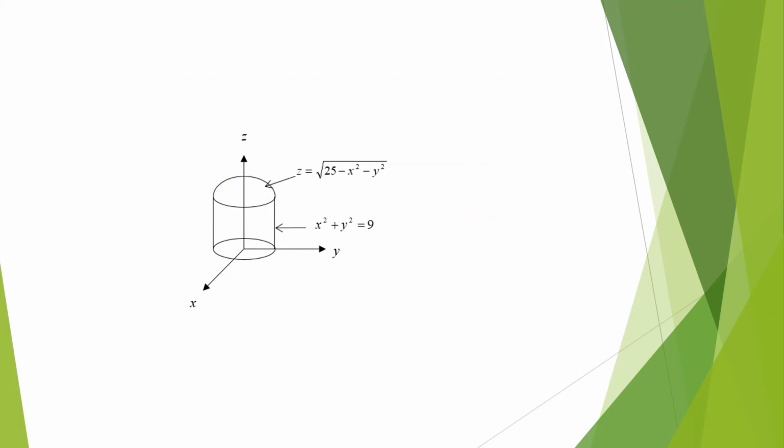Next we focus on how to sketch x squared plus y squared equals 9, which is x squared plus y squared equals 3 squared, a circle with radius 3. So here is our circle.